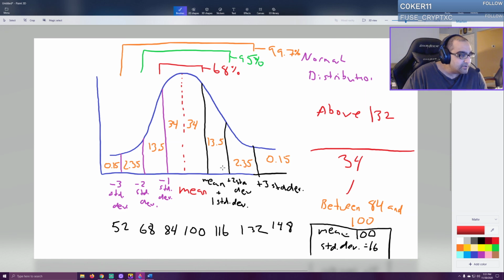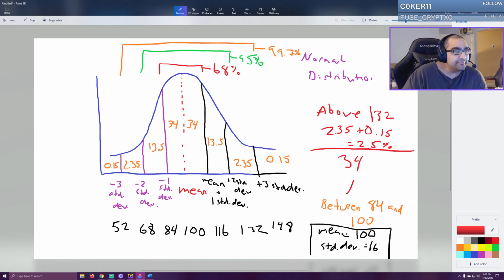It's this line right here, the second black line you see here. And anything above 132 is going to be these two bars right here. So 2.35 and 0.15. We add up those percentages together straight up, and so here we get 2.5%, so 2.5%.